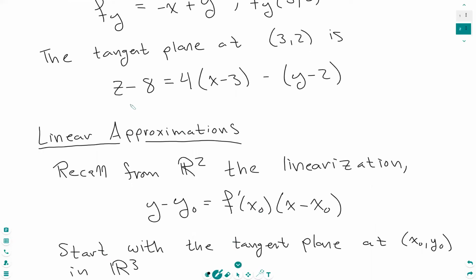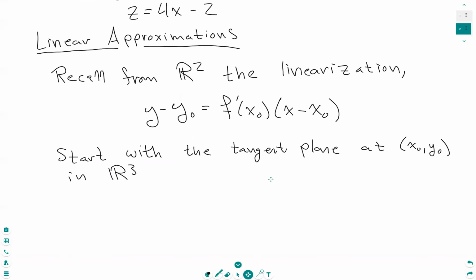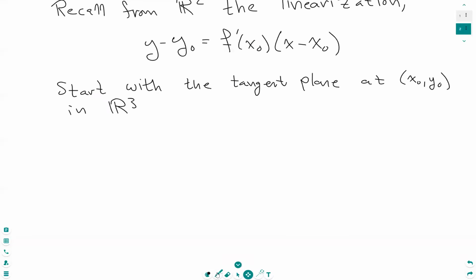So we have z is equal to 4x, and then I'll have a minus 12 here, and then I'll have a plus 2 here, so I'll have a minus 10, and then I'm adding over this 8, so this should just be a minus 2. Okay.